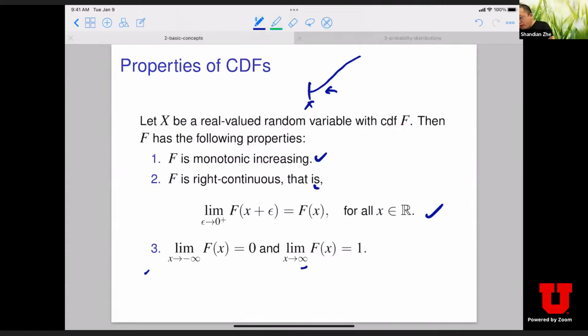When x goes to positive infinity, the cumulative distribution function is 1. All of this sounds reasonable, because it's unlikely that any value of the random variable will be less than minus infinity, and for any value of x, it will be sure to be less than or equal to positive infinity.